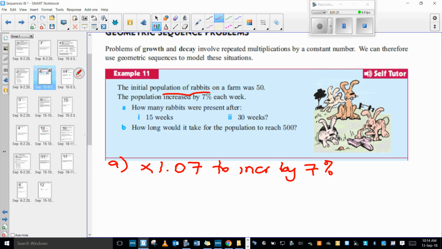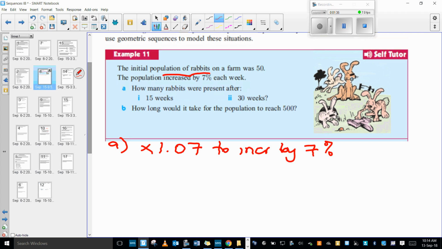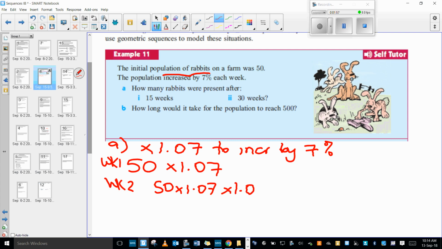So let's just go from basics here, because this is the whole nature of the thing. If this was our initial population, to find how many rabbits we've got at week 1, we would multiply that by 1.07. For week 2, we've already got this number of rabbits, we would multiply that by 1.07 again.